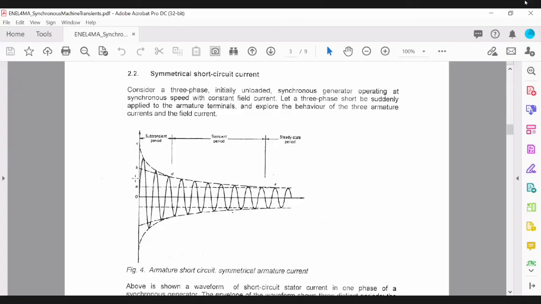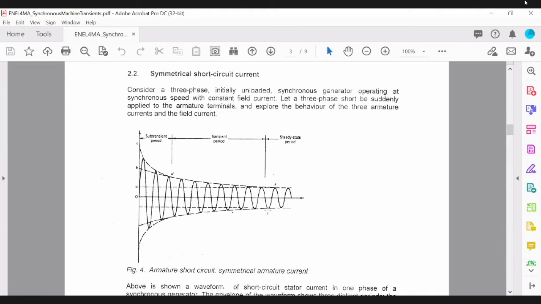So these three values, A, B, and C, are the projected values of your amplitudes in each period. So you'll have the subtransient period, then your transient period, and then the steady state value.